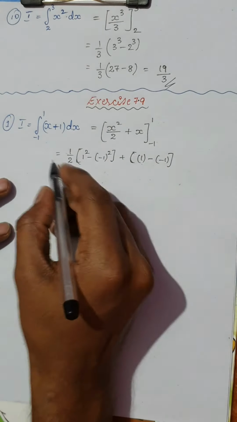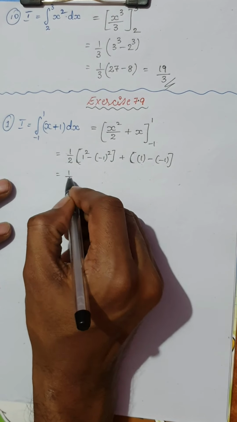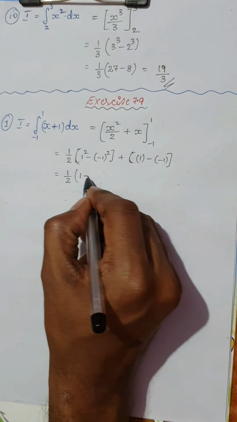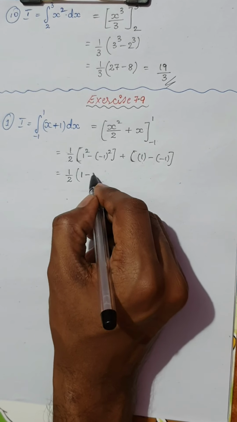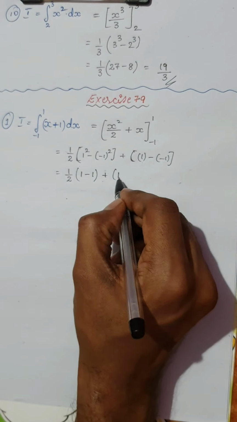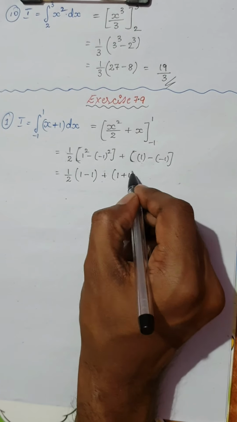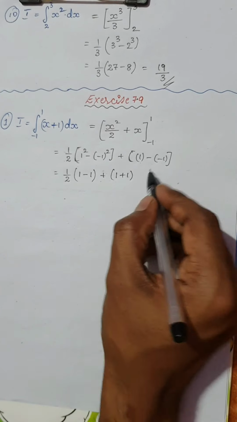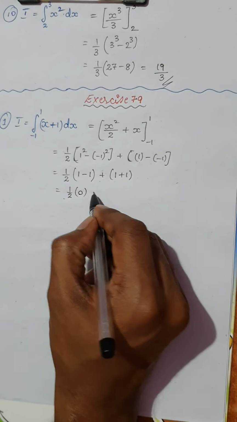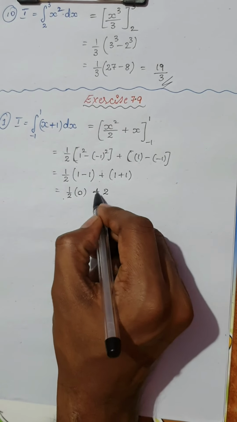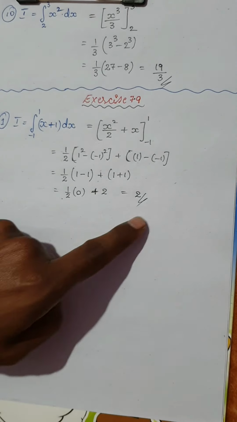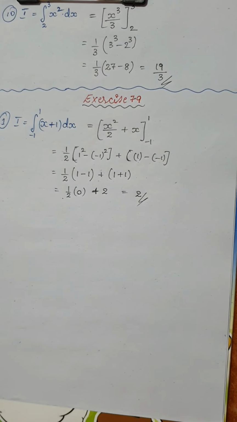See what happens, this is nothing but 1 by 2 into what is 1 square? 1 square would be 1 minus, remember, minus 1 square would be plus 1 itself, right? Plus, now 1 minus of minus becomes plus 1, okay? So this is half into 1 minus 1 is 0, plus 1 is 2. So the final answer for this integral would be 2, okay?